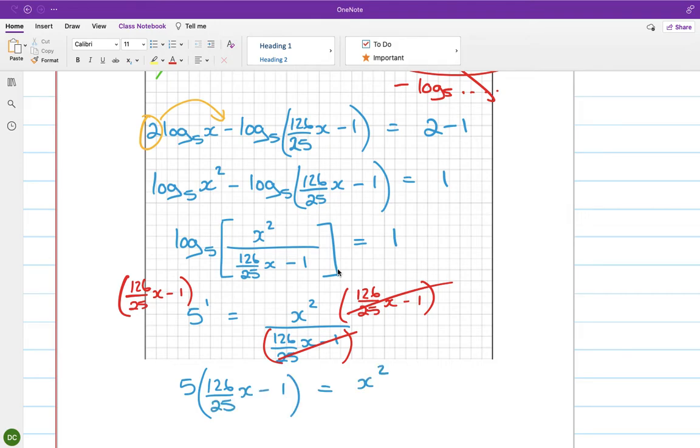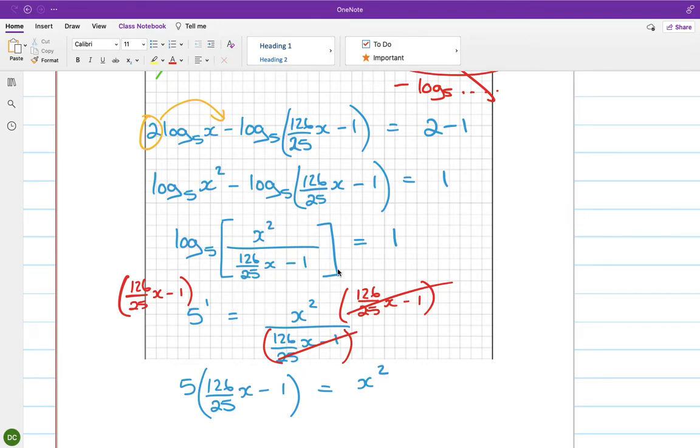Okay, so if I multiply the 5 into that bracket, sorry, my iPad's dying. Sorry, can't get the thing to charge.